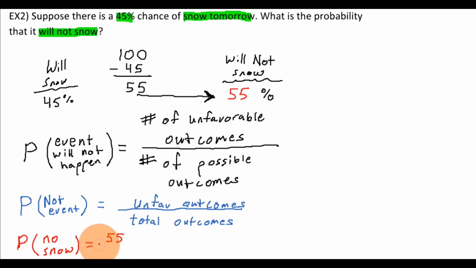So that's 55 over our total outcomes, or the number of possible outcomes. Well, that was 100. So this is 55 over 100. And if we look at this fraction, 55 out of 100 gives us a percentage. This fraction will give us a percentage of 55%, and we can still box up our answer. So the probability of it not snowing is still 55%. Cool stuff, guys. I'll see you in another video.